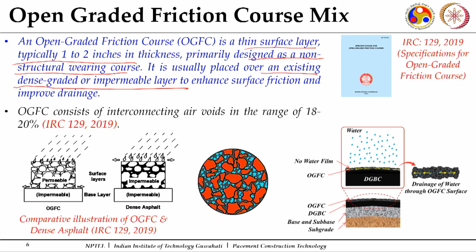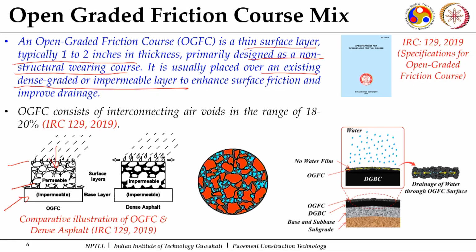And what is the specific purpose for which these open graded mixes are used? If I have an existing road surface layer which is impermeable, it may be any dense graded mix, and I put a layer of this kind which is highly permeable, having a high amount of voids, that is why it is open graded. So, whatever rainwater comes will go within the layer.